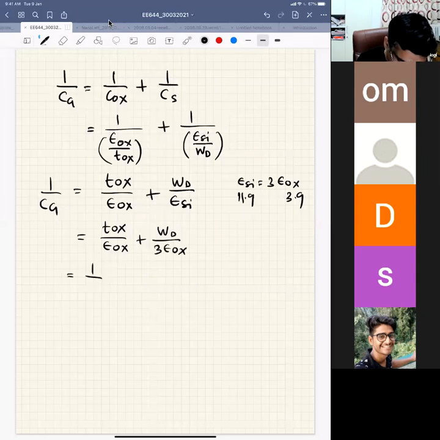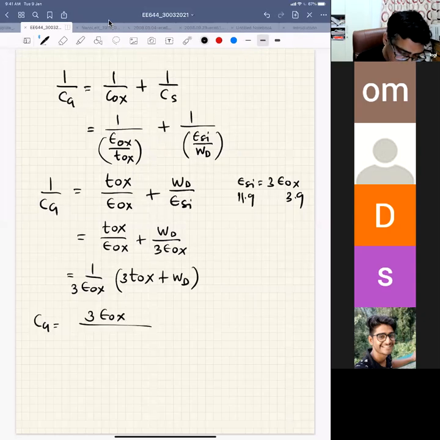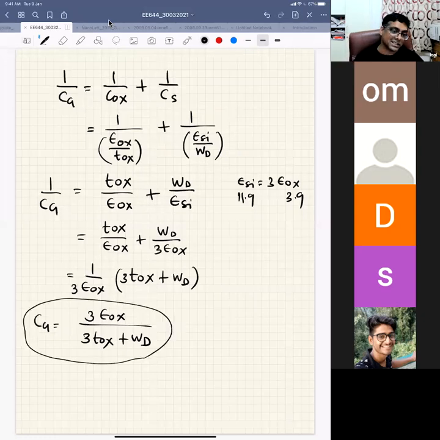So your gate capacitance in this case is 3 epsilon ox over 3 Tox plus WD.